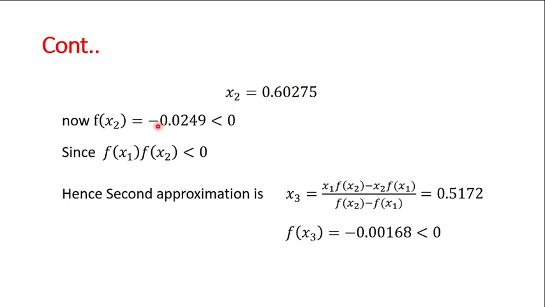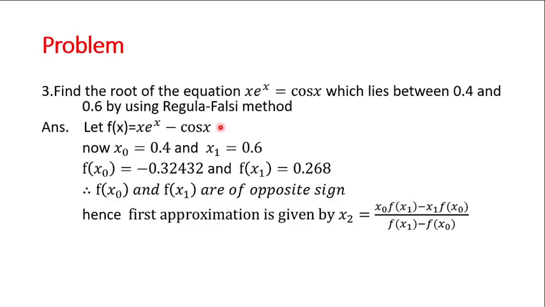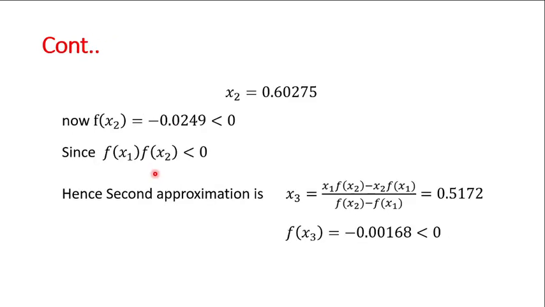F of x2 is minus 0.0249, which is less than 0. In the previous, f of x naught is less than 0. Now f of x2 is less than 0. Therefore, x2 replaces the x naught. Hence, f of x1 into f of x2 is less than 0.